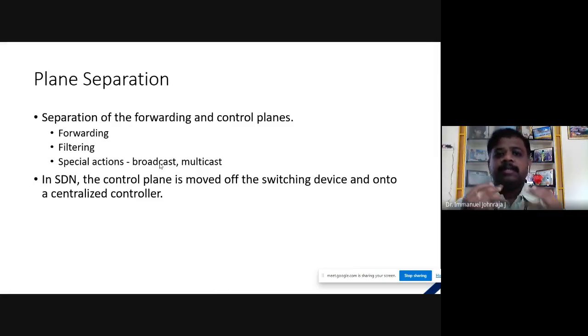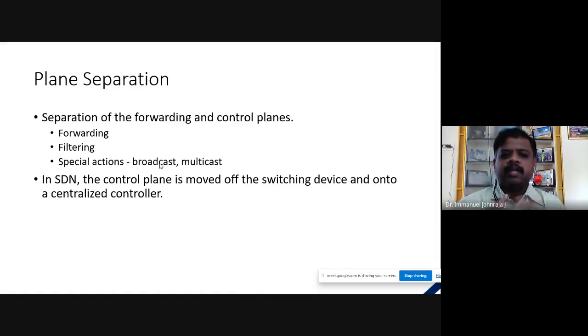So separation of the forwarding and control planes is made in software defined networking, which was not true with earlier traditional networking. Forwarding, filtering, and other actions like broadcasting and multicasting are all taken up now by the software instead of the dedicated hardware devices.